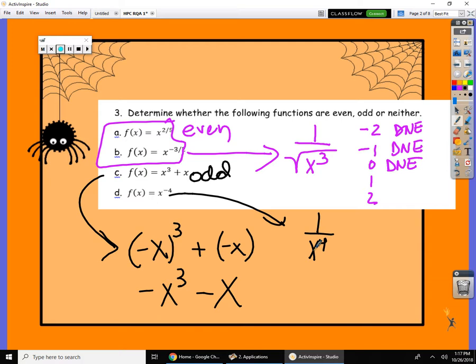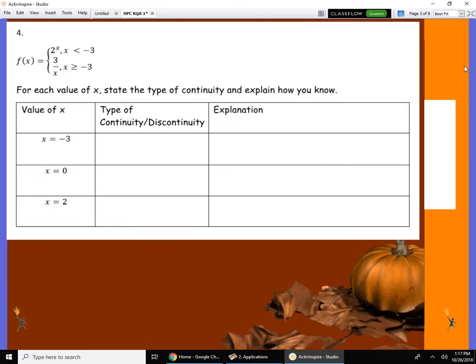Every year it's a struggle, even odd. No, it wouldn't work. It doesn't always work. We'll come back. I was going to make it easier for you, but it only works to test for even. It doesn't work for odd. So we're going to skip that because I don't want to confuse your brains. Okay? All right? Moving on.